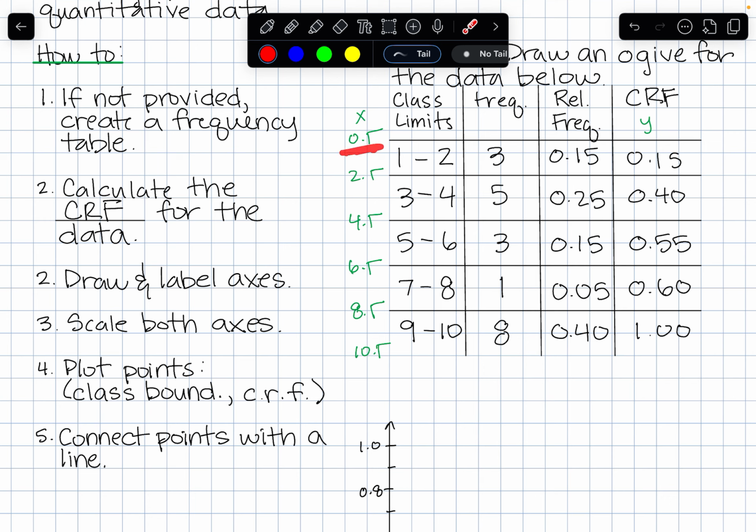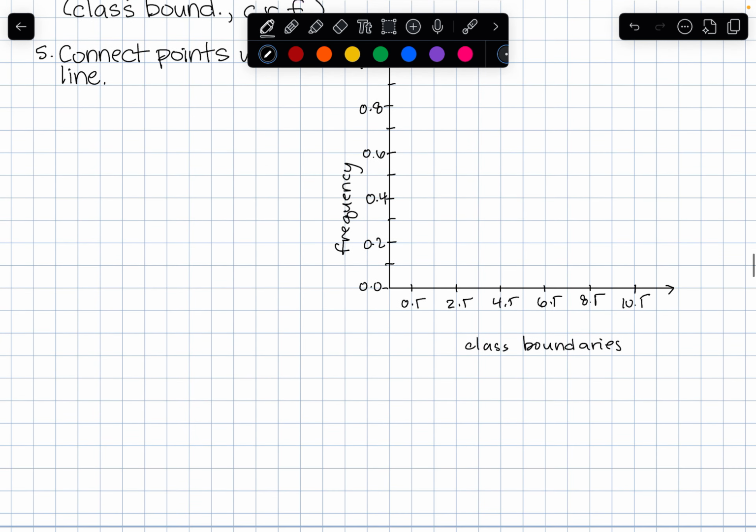So looking at this first boundary at 0.5, remember that my smallest data value was 1. I don't have any data less than 0.5. So my first point in an ogive is always on the x-axis. I'm always starting at 0.